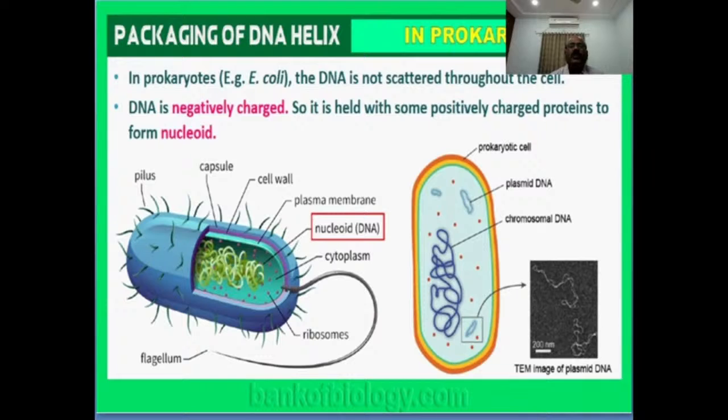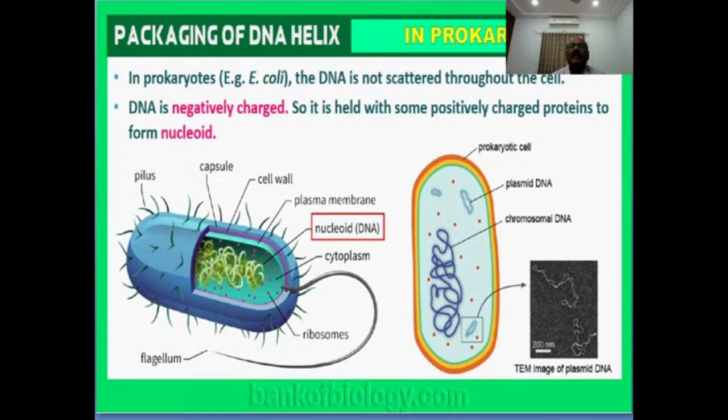In prokaryotes, which are organisms in which a conspicuous nucleus is absent, that means there is no nuclear envelope, such cells are called prokaryotic cells. These prokaryotic cells are phylogenetically primitive.